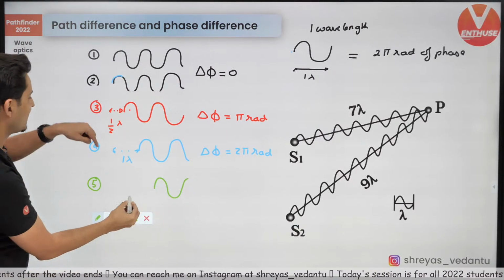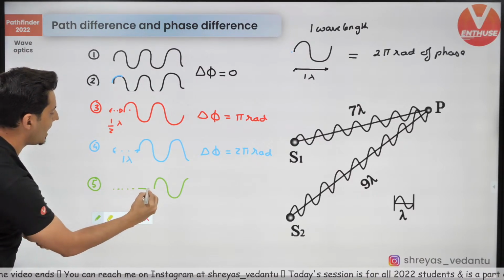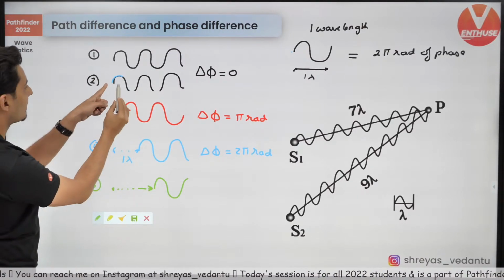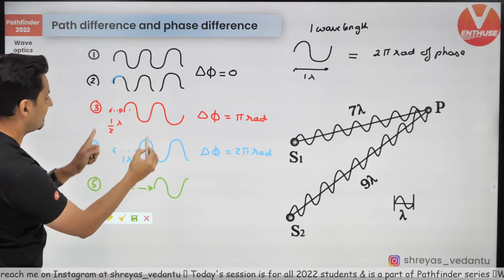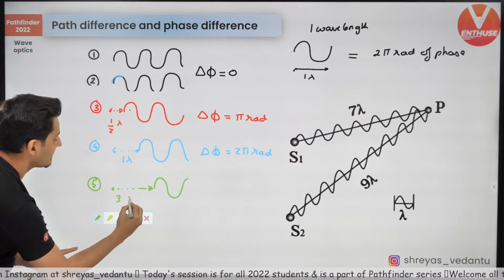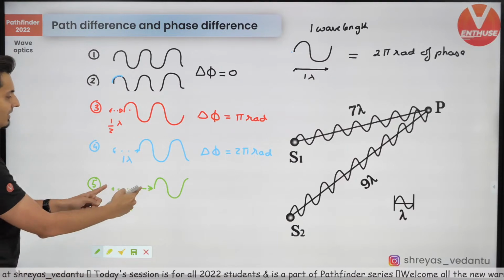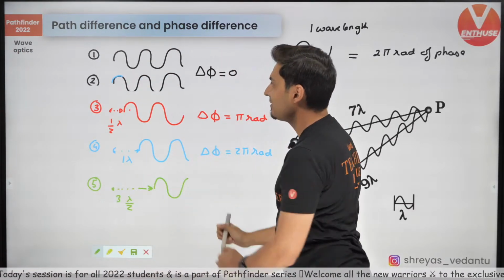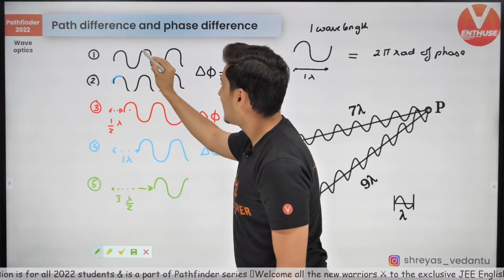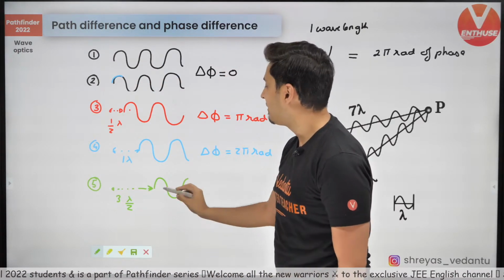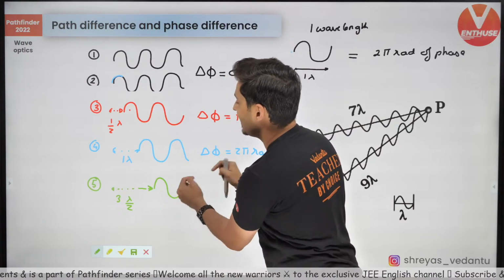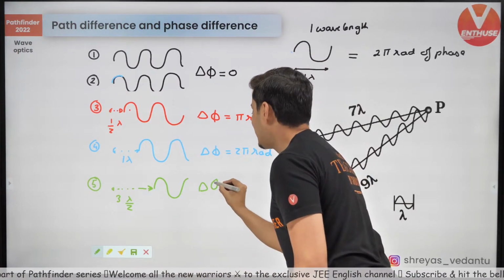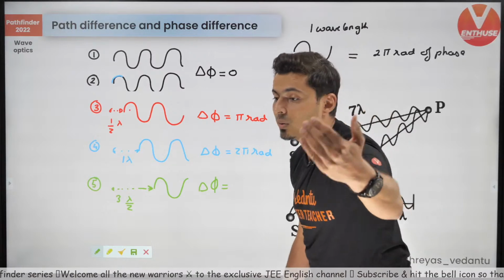If you see this gap, half wavelength, half wavelength, half wavelength, so this is 3 times wavelength by 2. It's 1.5 wavelengths. In that case, the phase difference will be, think about it.